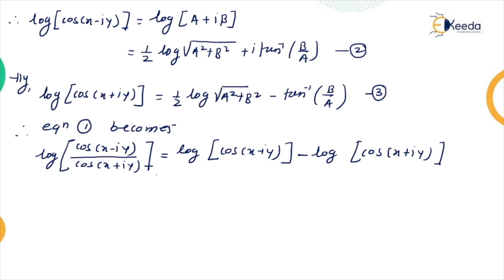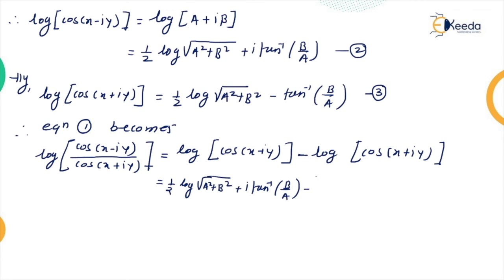So bracket completed, and this is equal to, from equations 2 and 3, the value of log of cos x minus iy, which is 1 divided by 2 log of under root a square plus b square, plus i into tan inverse of b divided by a.